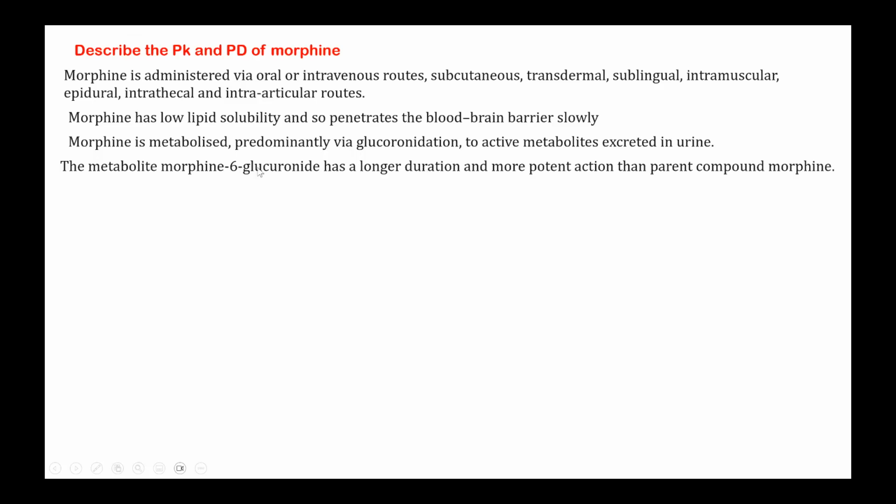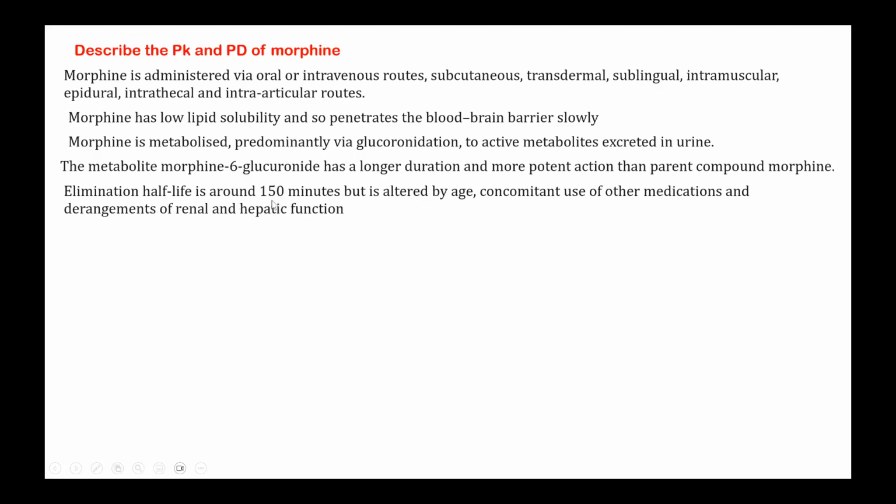So even though the drug is metabolized faster, the product of metabolism is also equally effective. Okay? And the elimination half-life is around 150 minutes, that is 2.5 hours, and it is altered by age, concomitant use of other medications, and derangement of renal or hepatic function.